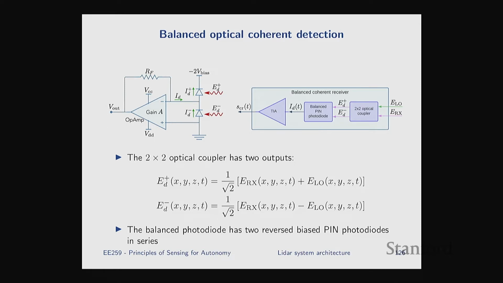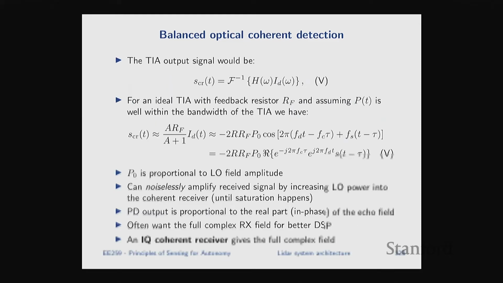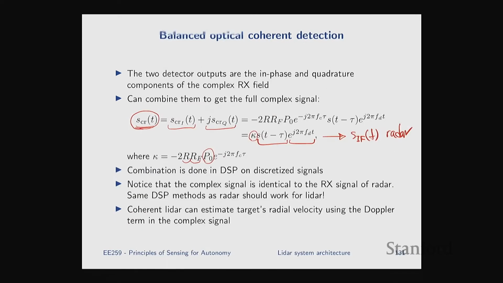Basically, we build the full model for the optical coherent detector. But the point is that at the end of the day, the full signal that you get, the carrier term is canceled out, but the Doppler term remains in it. Again, exactly like a down converter in RF. So it brings the signal down to baseband, I mean, baseband plus Doppler, basically, but the carrier vanishes out of the coherent receiver.